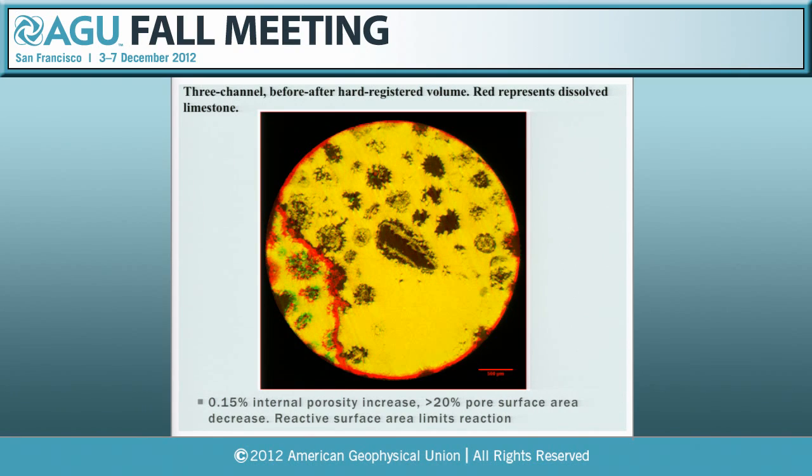We have some dissolution occurring all around the edge of the sample and inside of the sample too. Interestingly, we have a slight internal porosity increase, but a large pore surface area decrease. So kinetically, we are dissolving away our reactive surface area and limiting the speed of the reaction as we lose pore surface area.